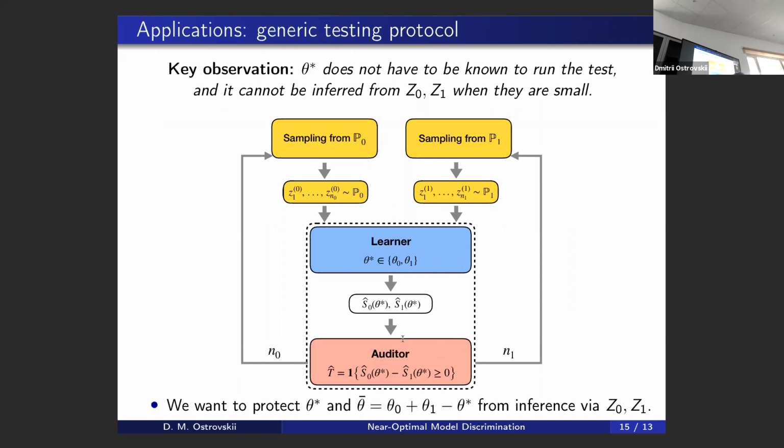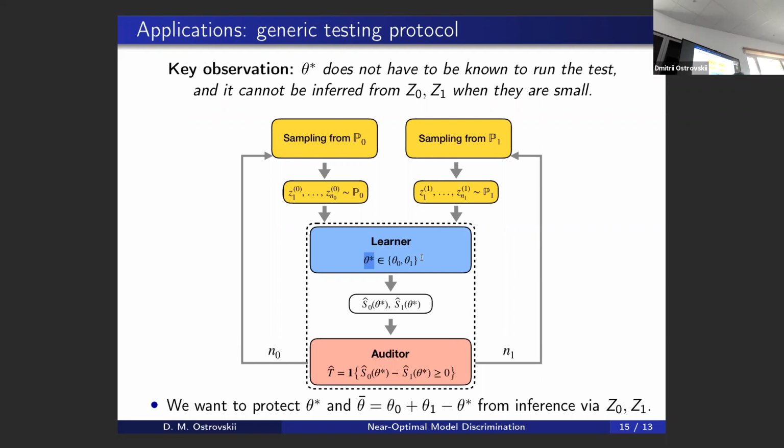So I will be able to test to identify theta star, the learner's model, without being able to recover the learner's model, even when I am given samples from the two distributions, one of which corresponds to this model. Just because the samples are too small. They are large enough to allow me to identify theta star, but not large enough to allow me to learn it.